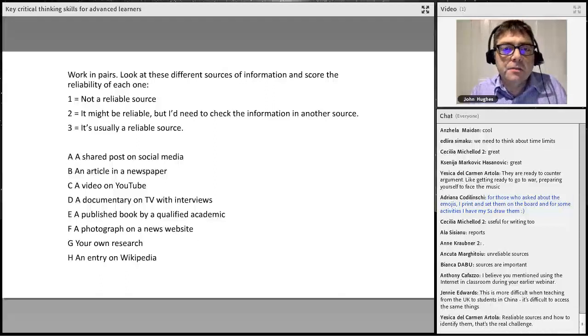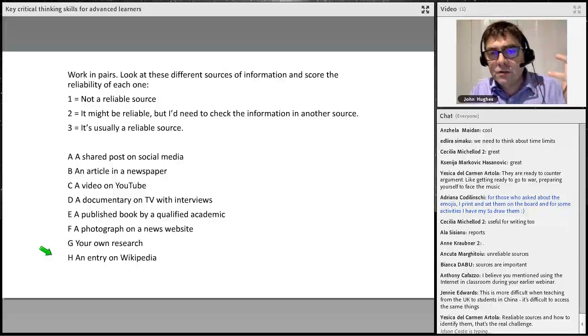I might ask them to do this exercise where I give them a list of sources they might use to do research, just to give them ideas on where to do research, but then I'll also get them to think about whether it's a reliable source or not. And they write 1 if it's not reliable, 2 if it might be reliable, or 3 if it's usually reliable.